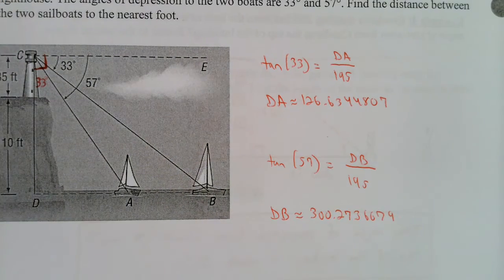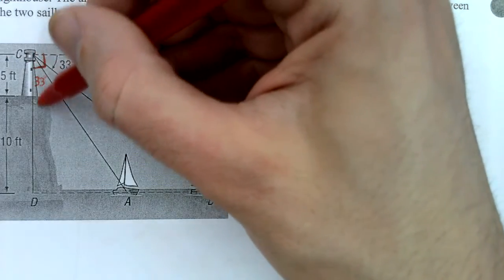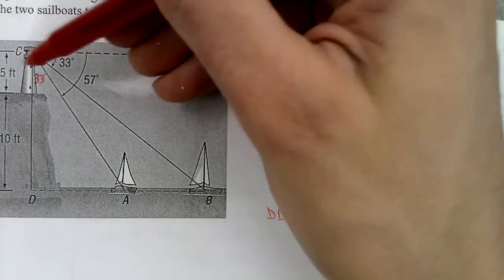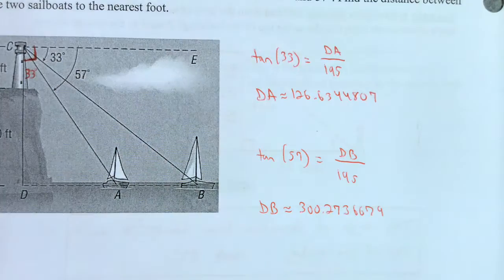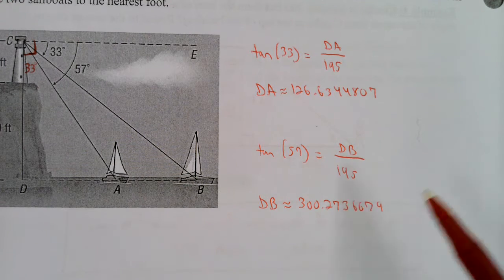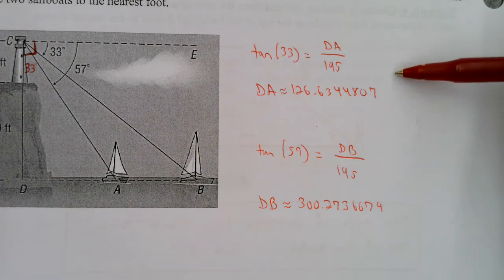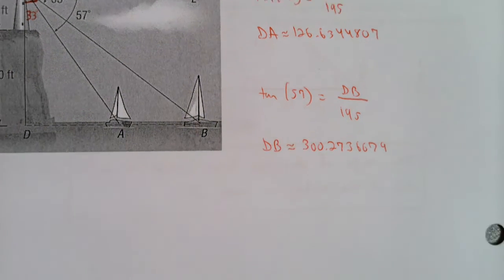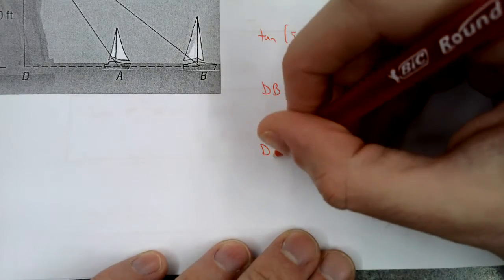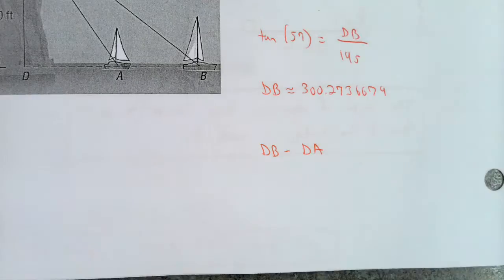If this is too much going on, what you might want to do is draw two separate triangles, one for triangle CDA and then one for the big triangle CDB. But what I'm going to do now, to get the distance between the two boats, is just subtract these two numbers. Just do DB minus DA.